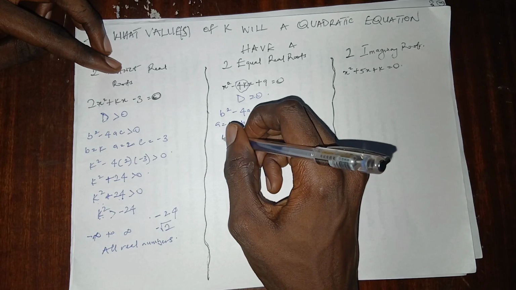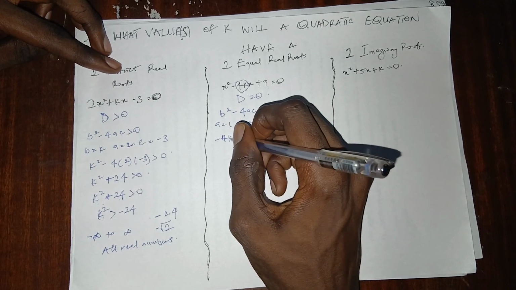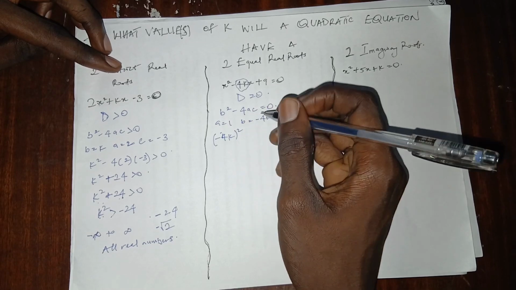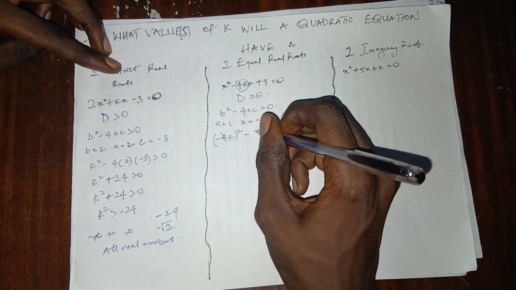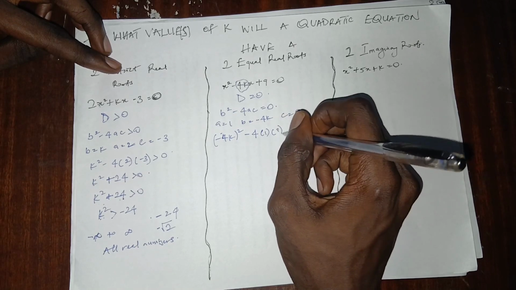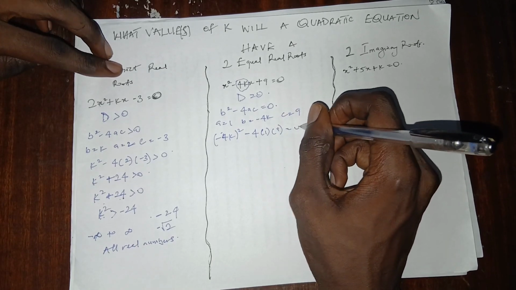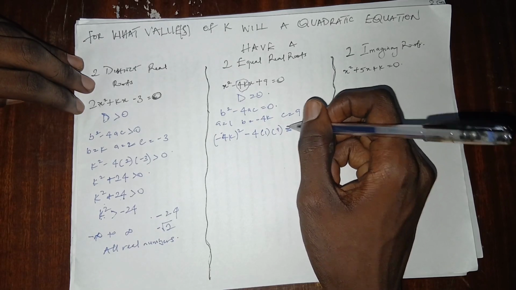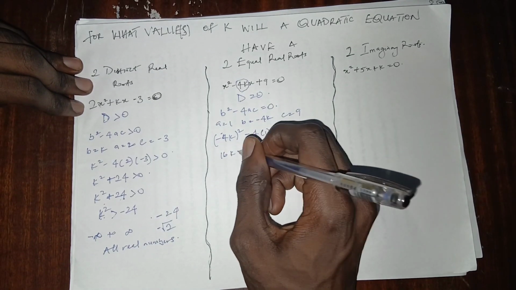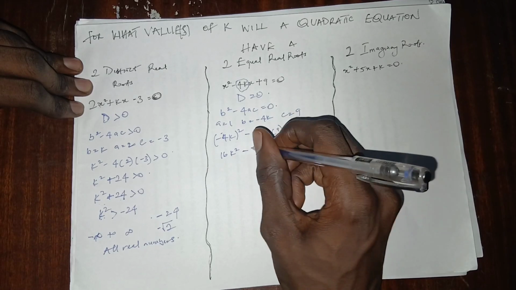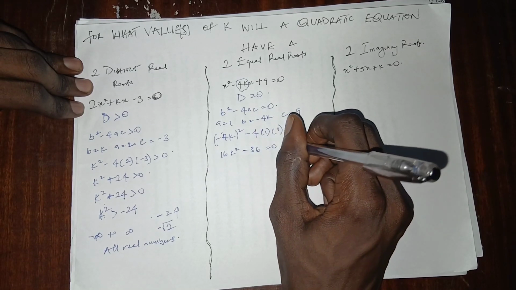So you have b as minus 4k all squared, minus 4 times 1 times 9 equals 0. So we have 16k squared, then multiplying this out, minus 36 equals 0.